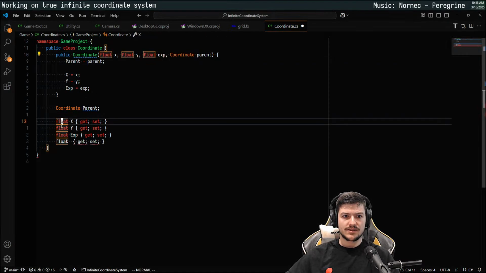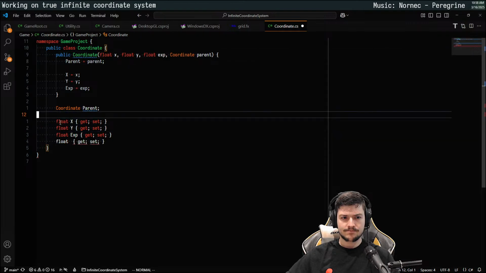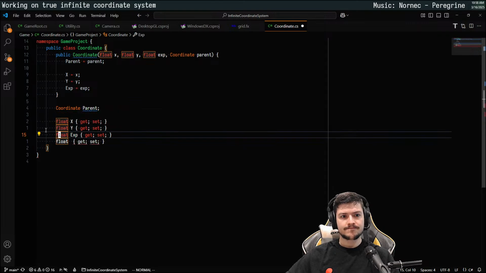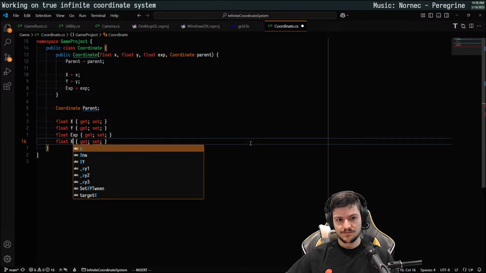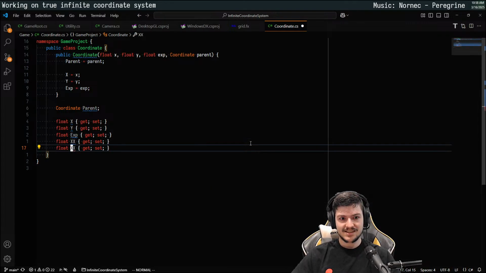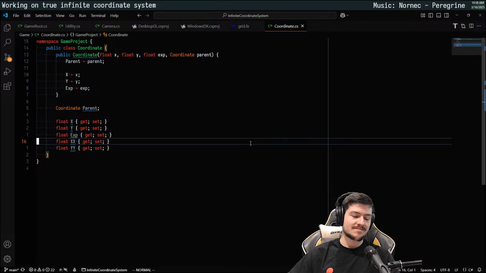For now it's float, eventually it becomes int. XY exponent. And then I need like this thing. What is it called? Do I just call it like XX? YY? Just be lazy. And then it defaults to like 0.